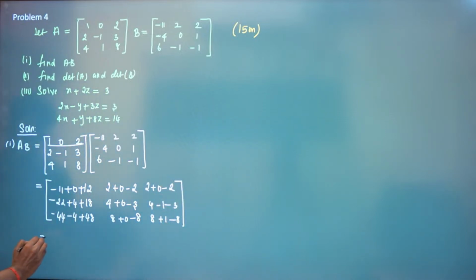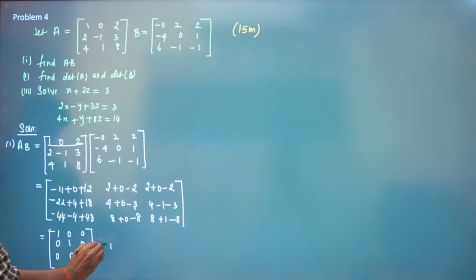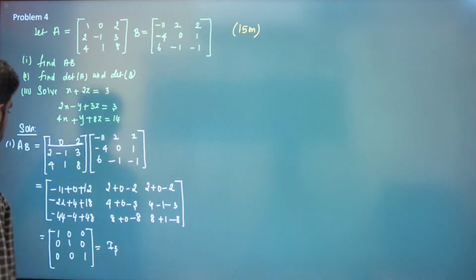So you can see that our AB is equal to the identity matrix of order 3.